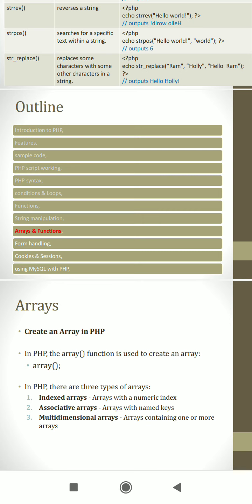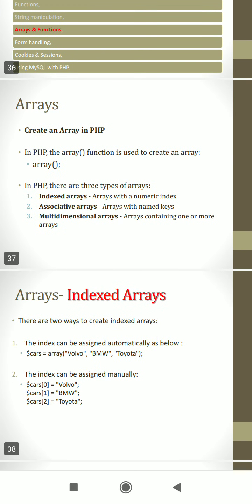What is the use of an array? To store the maximum number of values under a single name, and we can access those values with the help of their indexes. So we'll see the first type, that is the index array. There are two ways to create an index array.